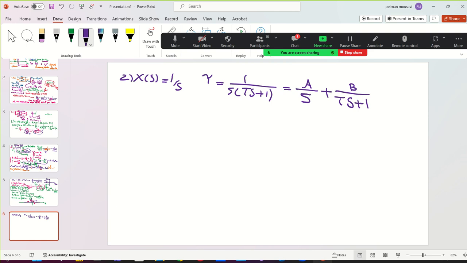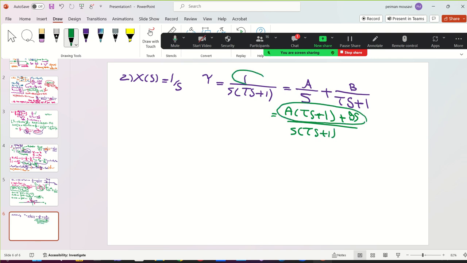So the trivial version is that you're going to say this is A times tau s plus 1, plus B s, over s times tau s plus 1. This is equal to 1, just the same number. This is very trivial, okay? So you're going to have A tau plus B in s, plus A, equal to 1.